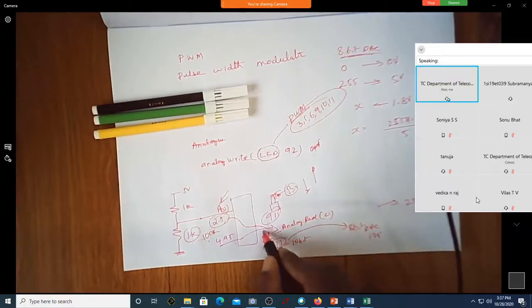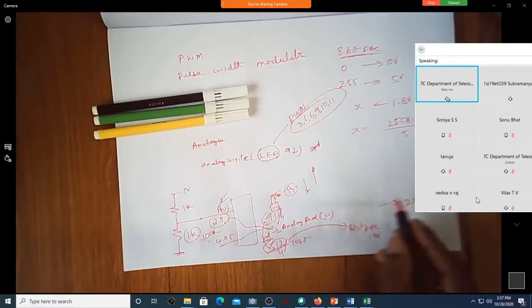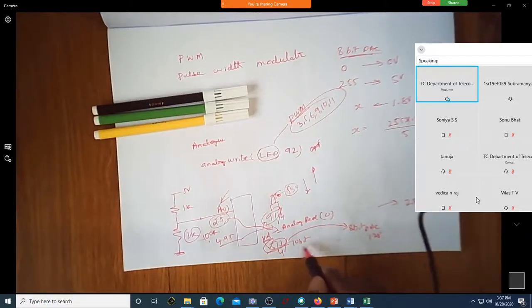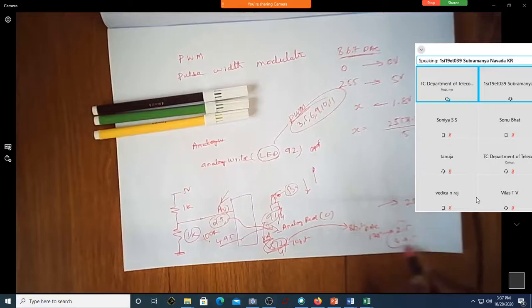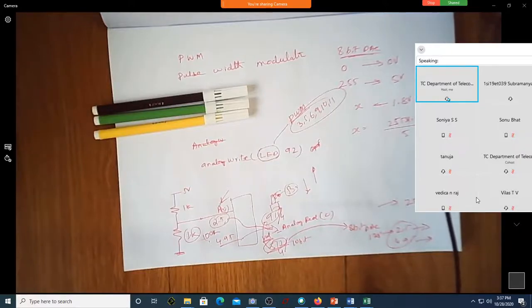Can you see this value increases drastically? Divide by 4 of this is 128, divide by 4 of this is some larger value. For 128 the voltage is 2.5, and for the other it is 4.95 volt. So that's why the intensity of the LED is lighter here and brighter here. Correct?